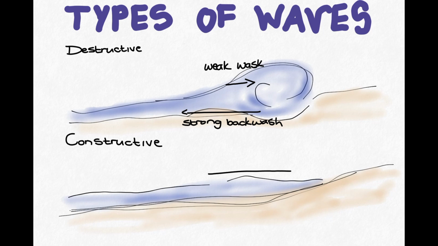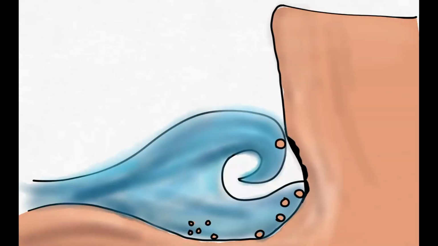Whereas a constructive wave has a strong wash and a weak backwash, so it will deposit more onto the beach than take away from it. Destructive waves are able to erode beaches in different ways. So they can cut into the coastline in four ways: hydraulic action, attrition, corrosion, and abrasion.